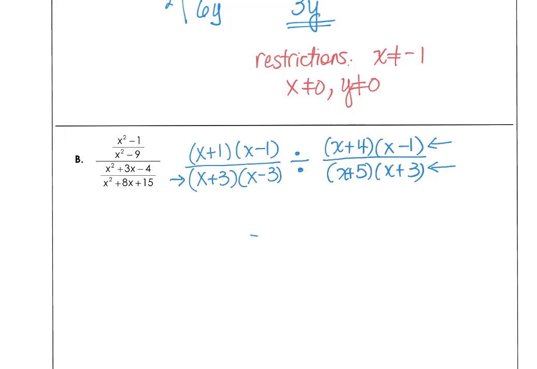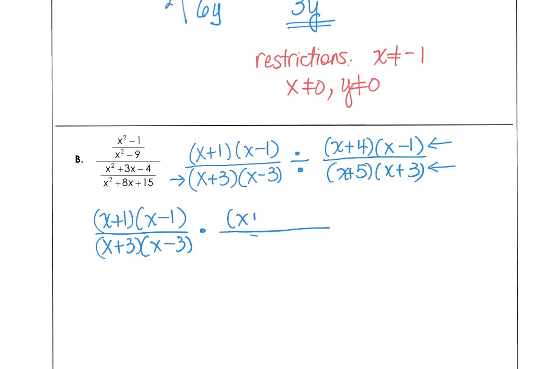And then simplifying as much as possible, we've got x plus 1 times x minus 1 divided by x plus 3 times x minus 3, and then multiplying by the reciprocal gives us x plus 5 and x plus 3 in the numerator, and x plus 4 times x minus 1 in our denominator.